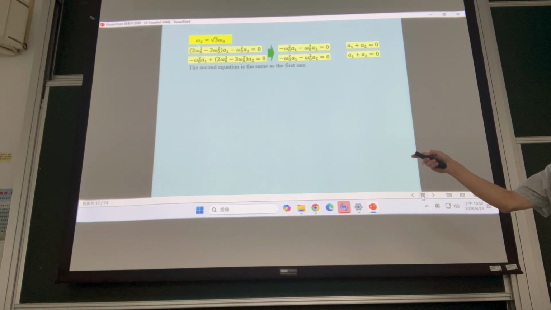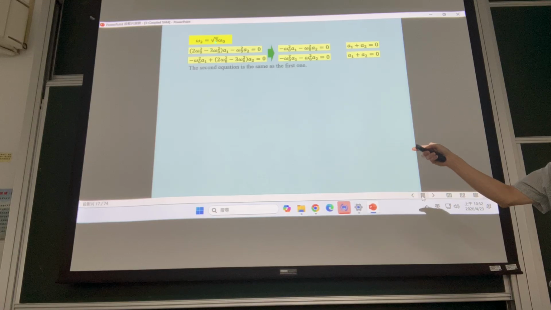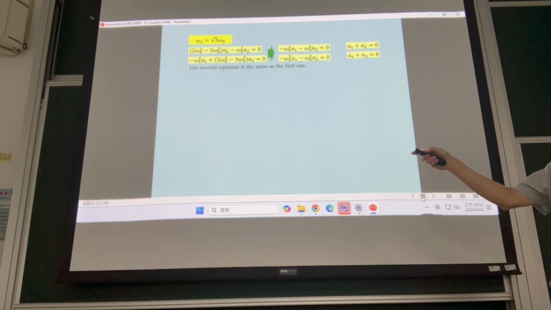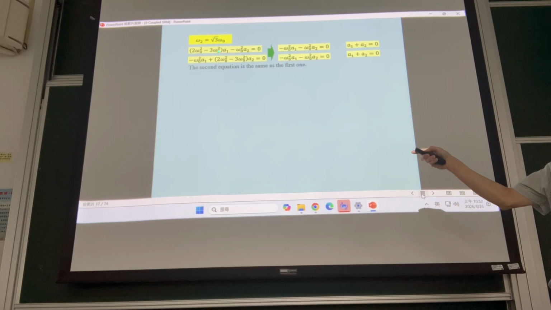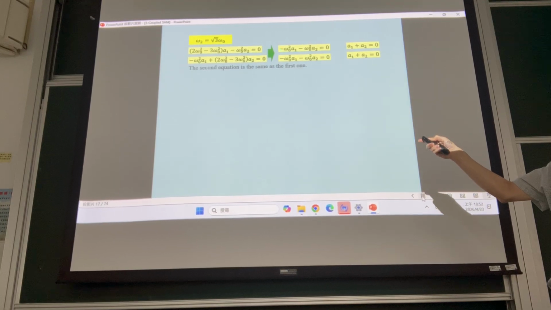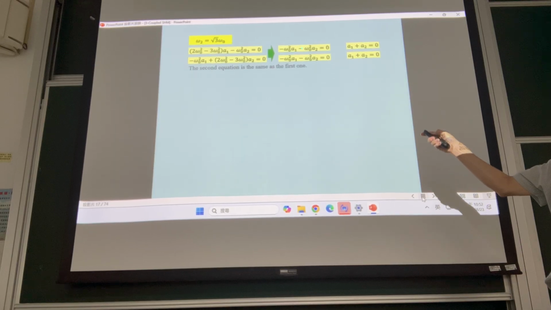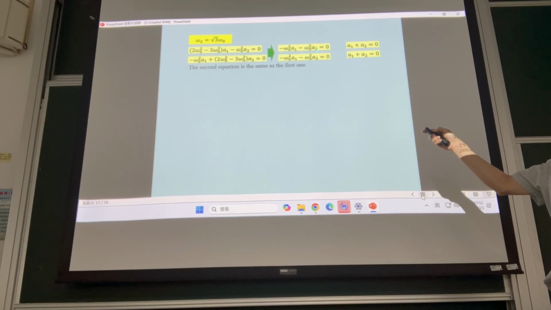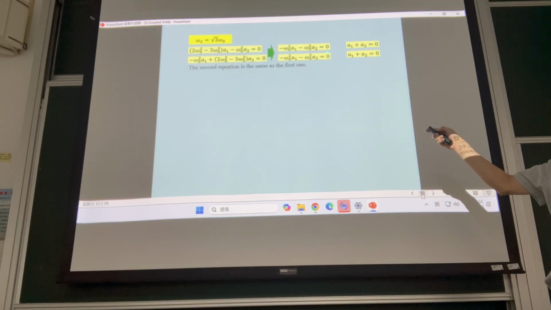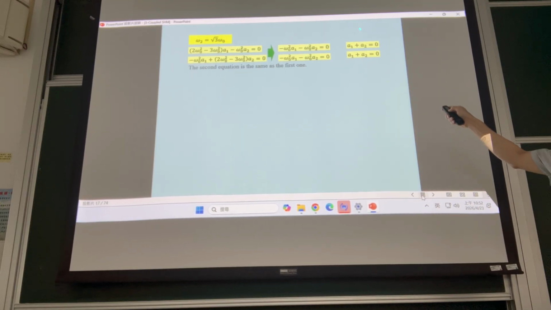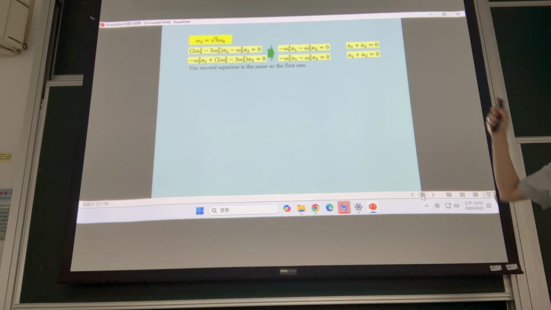2 omega 0 squared minus 3 omega 0 squared. That comes from this omega squared. And 2 omega 0 squared minus 3 omega 0 squared equals minus omega 0 squared. The second term is minus omega 0 squared A2, equal to 0. So cancel out the omega 0 squared, and you get A1 plus A2 equal to 0.